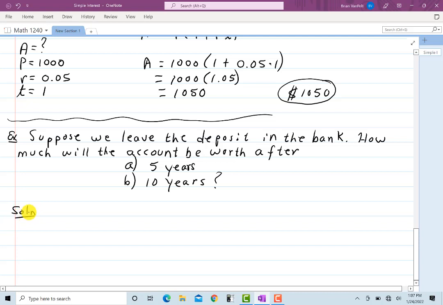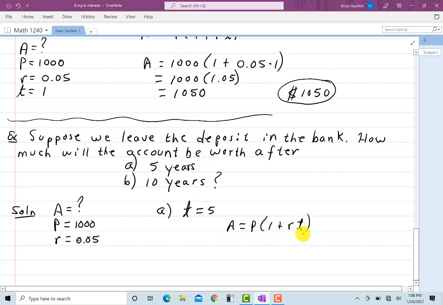So it's just a matter of using the formula. Once again, we don't know the amount. The principal I do know to be 1,000. The rate is 0.05. And then the T will vary depending on the question. So part A, we're told the T is equal to 5. Now let me go ahead and find the account value. So I've got P times 1 plus RT.